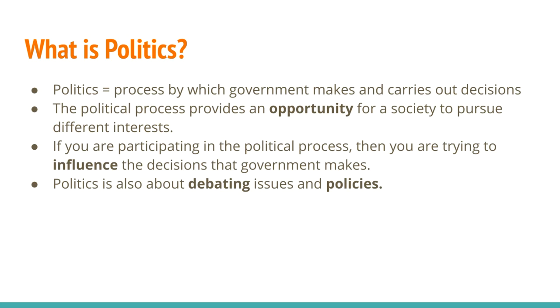If you, for example, vote in an election, then you're helping decide who is going to be representing you in Congress. And that person, by representing you in Congress, is going to be able to influence whether or not certain laws are passed, whether or not certain decisions are made at the national level.